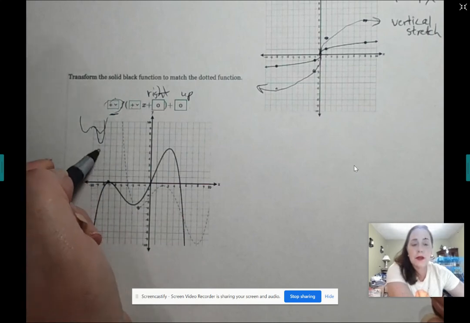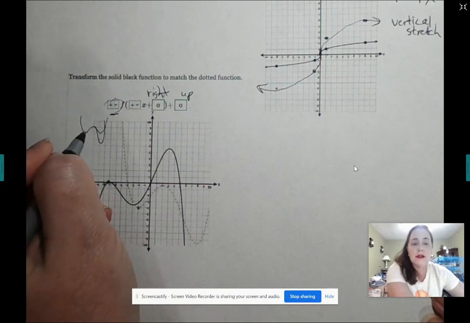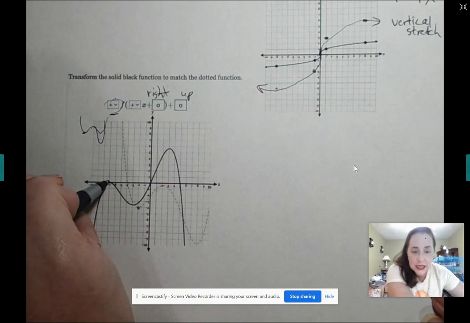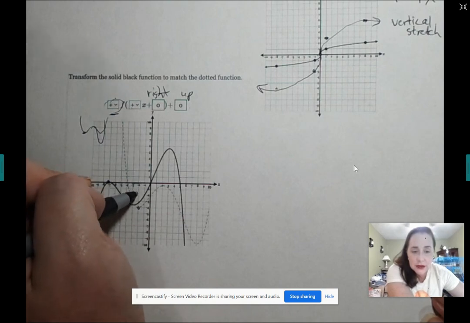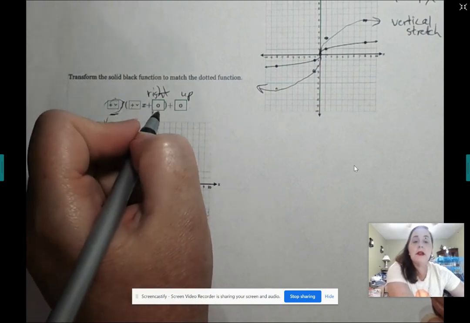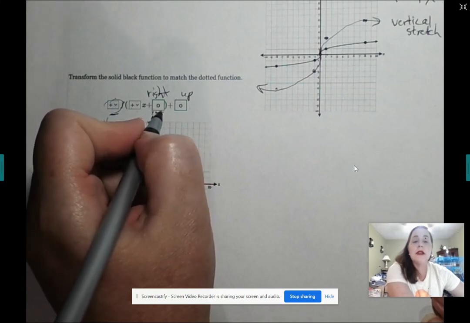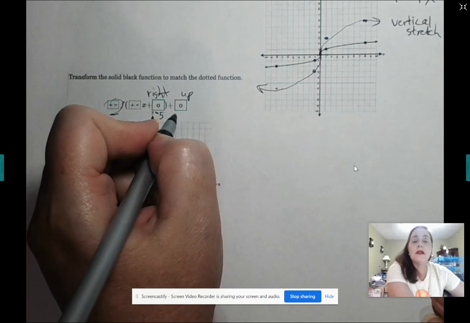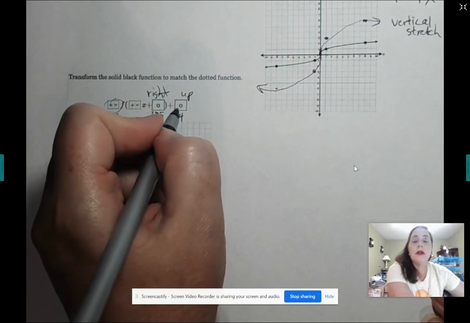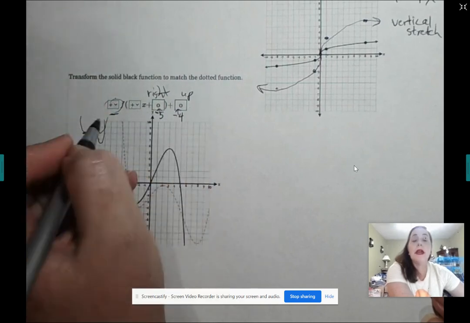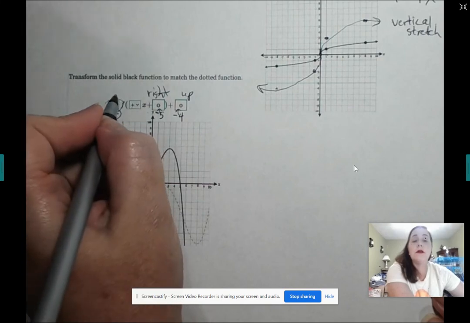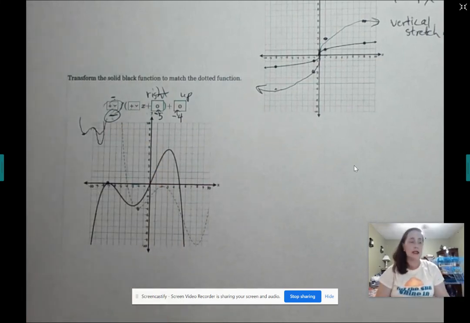So when I flip it up, it'll still be on the x-axis, but it'll be right here. And so I would say, okay, I need to move that 5 to the right and 4 down. So to me, that would look like 5 to the right and 4 down. I would be putting those numbers in there and changing this sign to flip it upside down. And that's it. Every problem is something like what I just showed you on the notes.